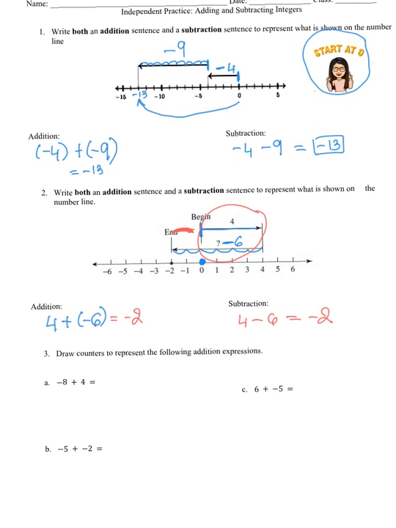Number 3, we're going to draw counters to represent the following addition expressions. If it is positive, make it a blank circle to represent a positive number. If it is a shaded circle, it represents a negative number. A, -8 add 4. So -8, I would need 8 shaded circles.